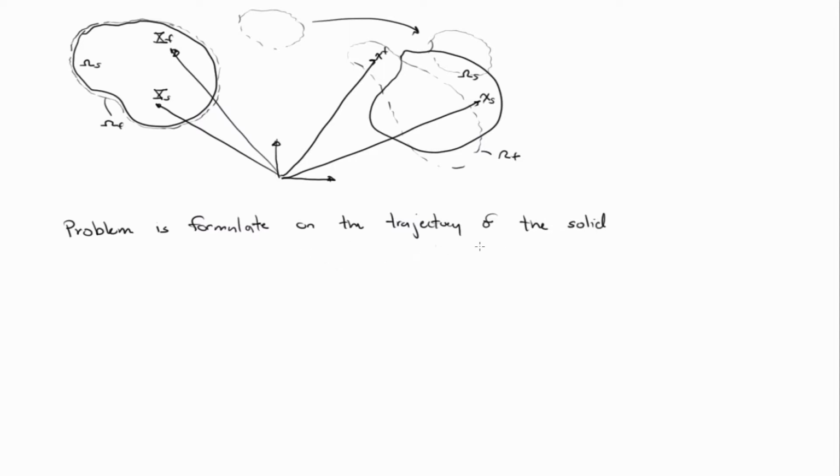And so we have that x of the solid is a function of X of the solid. And because we're going to formulate the problem on the back of the trajectory of the solid, in terms of the deformation gradient and other things, we'll just drop the subscript. I'm sorry, these are all vectors.